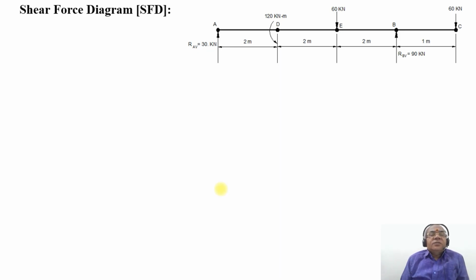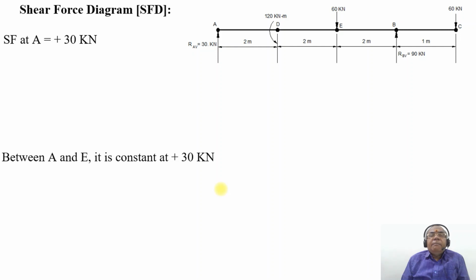When you are considering the shear force diagram, SF at A, considering the section to the left hand side, acting upwards is positive. So SF at A will be equal to 30 kilonewton. Between A and D, as the couple is not considered, it remains constant at plus 30 kilonewton. Between D and E also, it remains constant at 30 kilonewton.